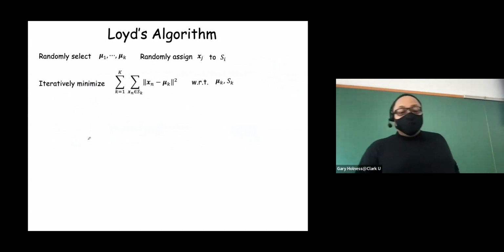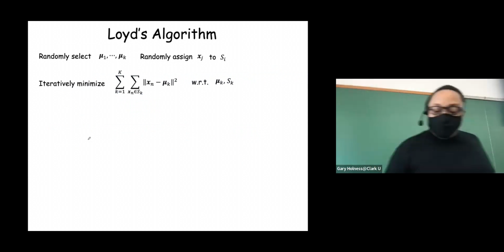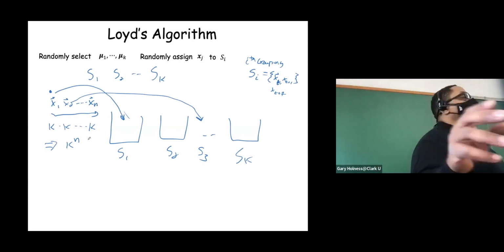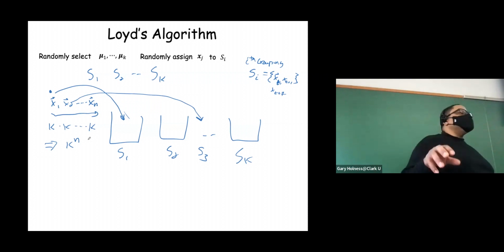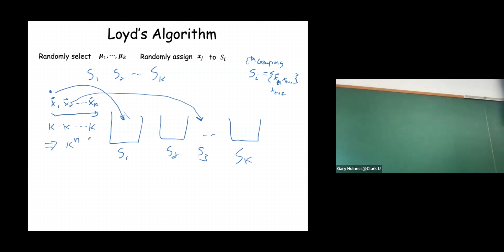So the next thing we're going to do, we're going to minimize this expression. And let's go back to what we said before, is that we have a possible K to the n power different assignments that we can have of points to clusters. So that's exponential in the number of points. And we can't solve for that precisely because there are just too many of them.